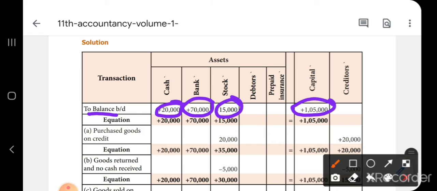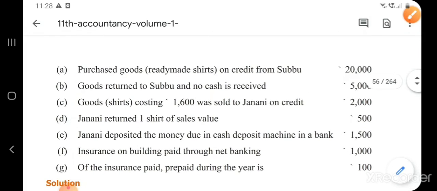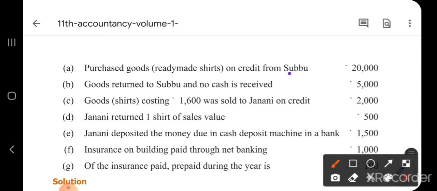Now we'll see the next transaction. Purchased goods on credit from Subbu. So Subbu is the supplier. Supplier, we always use the term creditors. Now in every transaction there will be two accounts involved. In this case, the two accounts are the purchase account and Subbu's account, the creditor.